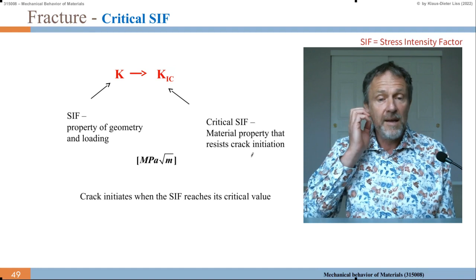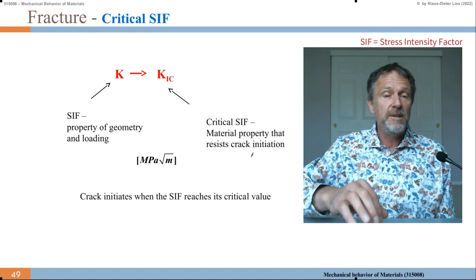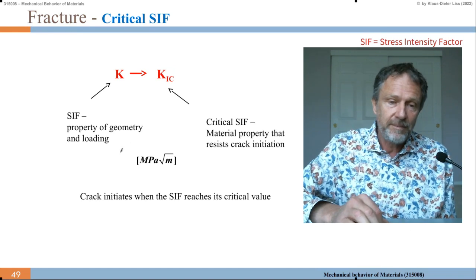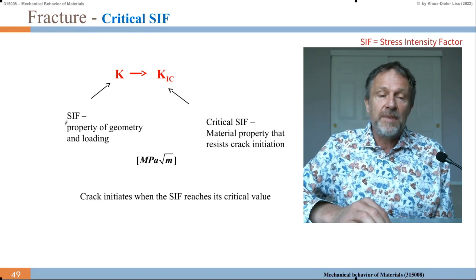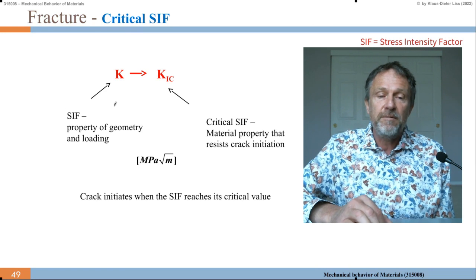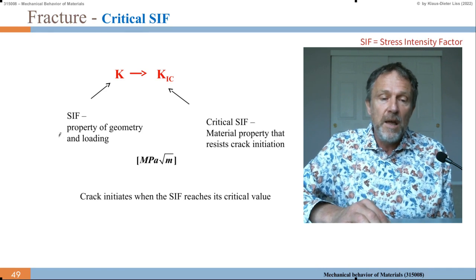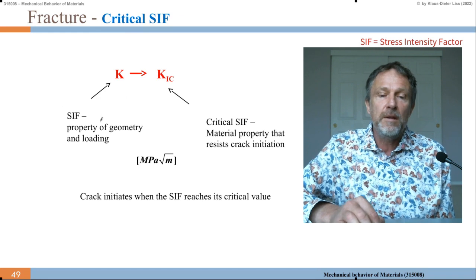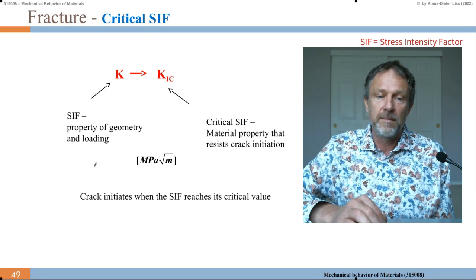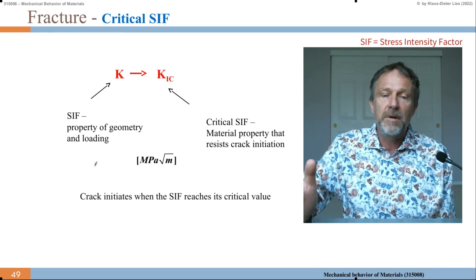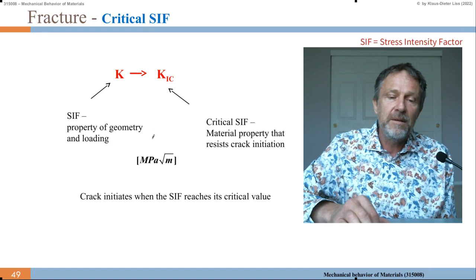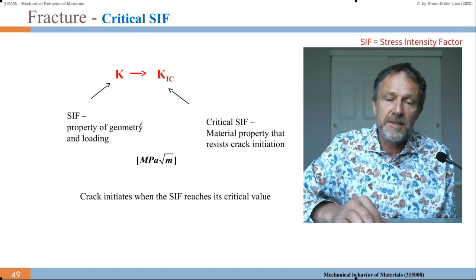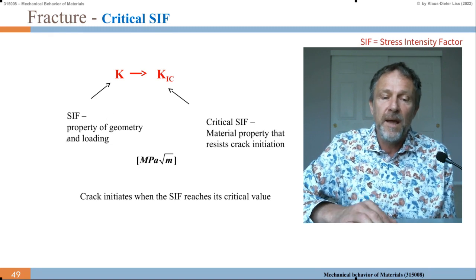All right, let's go back to our continuum theory. We now have the stress intensity factor K, which is a property of the geometry and the loading. So it depends on how the system is built up and how you load it.